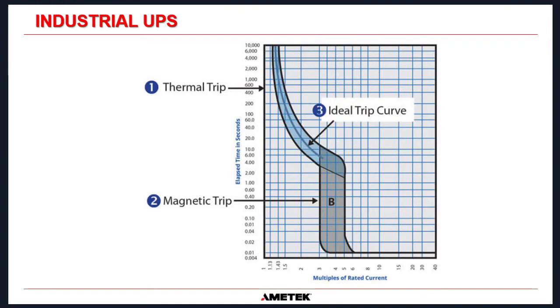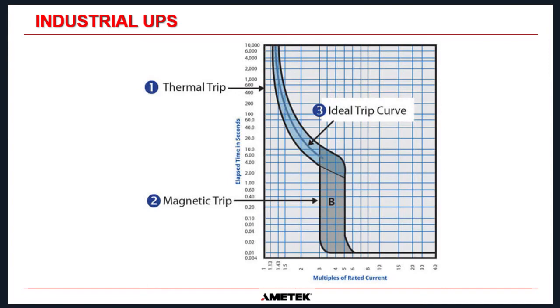So on a single phase UPS, if you put a 10 amp breaker on the output, it's going to take up to 2 to 3 seconds to trip that breaker. That's 2 to 3 seconds that a fault can cause a dip on the output of the system before that fault is cleared, and in truth the system will transfer to bypass.